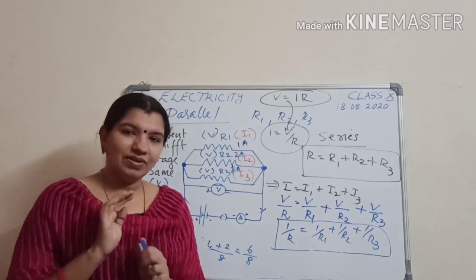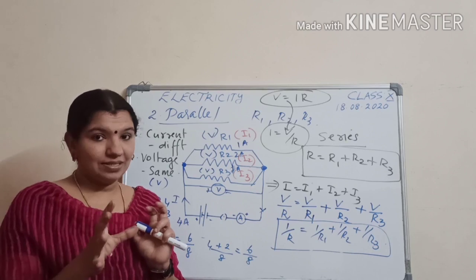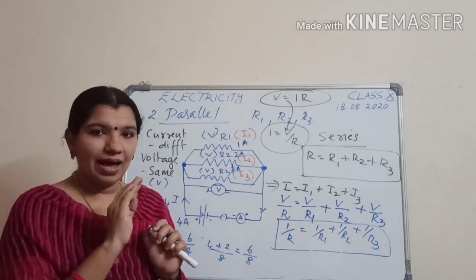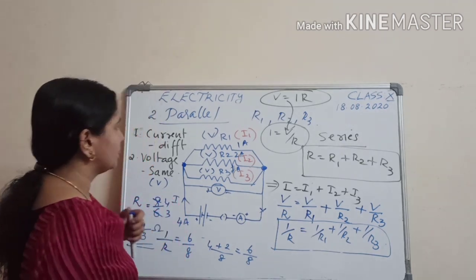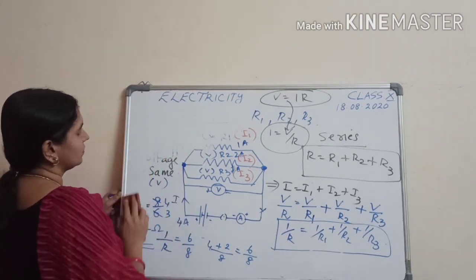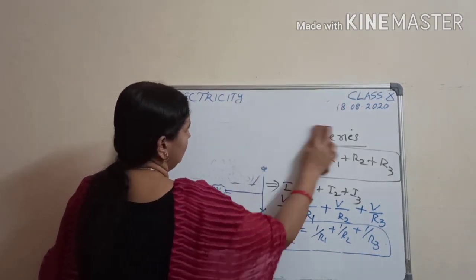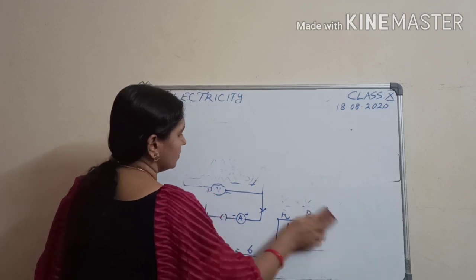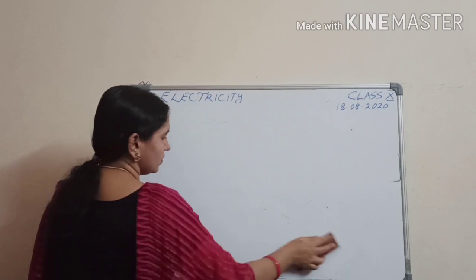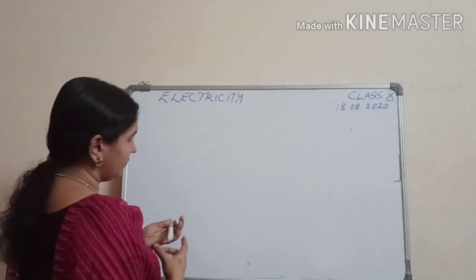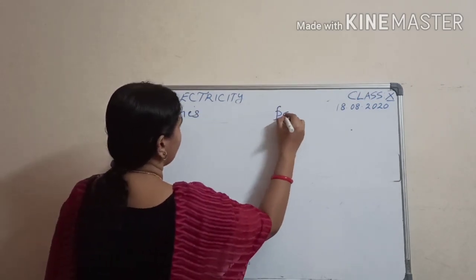Now we will just have a distinction between these two. We already said, but we can draw a table and note the points so that it will be easy for you. First is series connection and second is parallel connection.